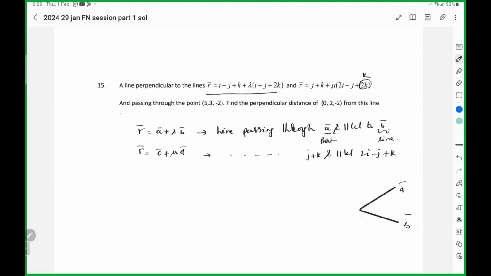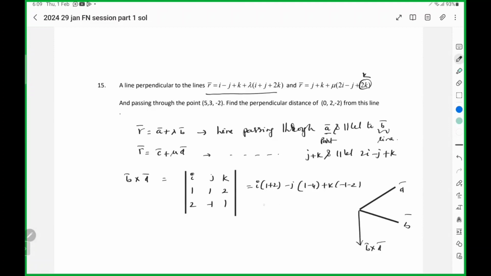So parallel to B and D, a vector perpendicular to both B and D is B cross D. B bar here is 1, 1, 2; 2, minus 1, 1. So its determinant is i into 1 plus 2, j into 1 minus 4, k into minus 1 minus 2: 3i plus 3j minus 3k.